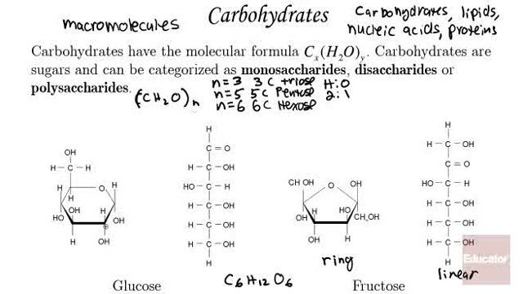To keep track of things, we number the carbons, and we start at the top: 1, 2, 3, 4, 5, 6, and then we can refer to groups on the different carbons based on their number. So these are 6-carbon sugars. These are hexoses. Now, when this turns into a ring, we need to keep track of where all these carbons go. And again, we number them 1, 2, 3, 4, 5, and 6.